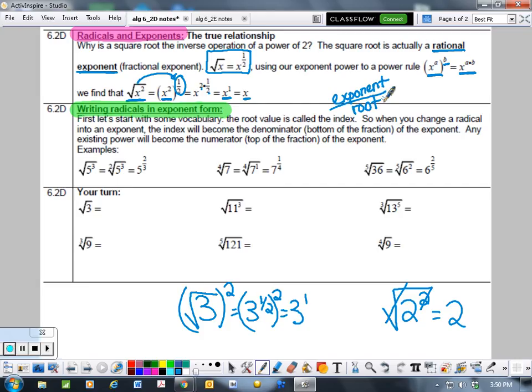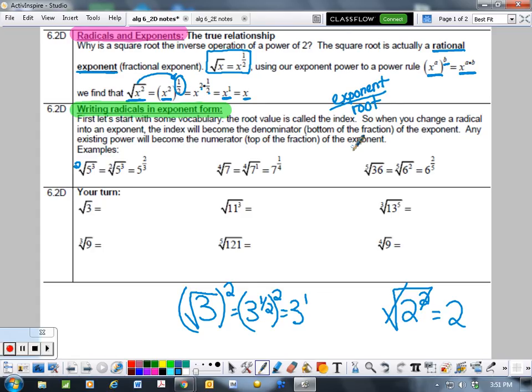So if it's the square root, the root is 2. If it's a cubed root, the root is 3. If it's a 4th root, the root is 4. And that root is also known as the index. So here this number is really 2, this number is 4, this is 5. That becomes the bottom of the fraction number for the exponent. And then the exponent itself becomes the top.